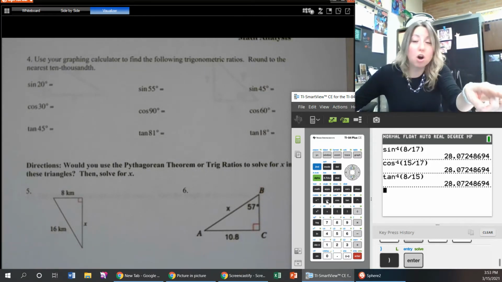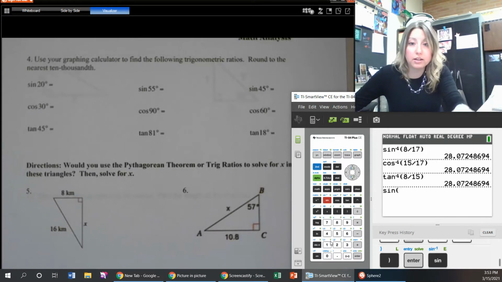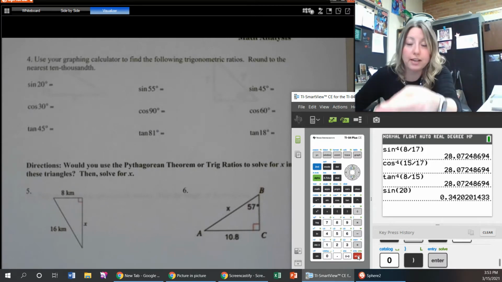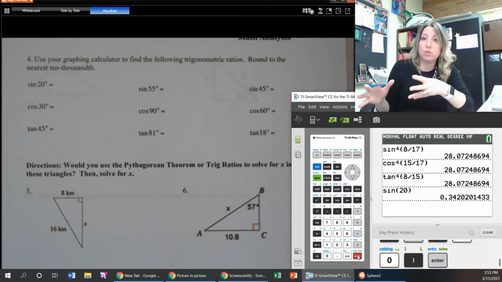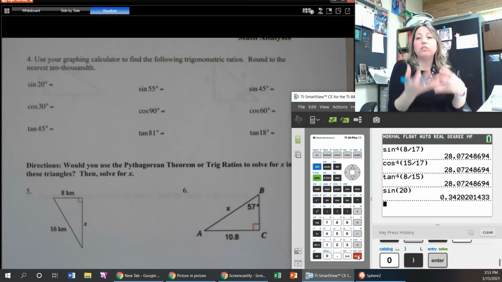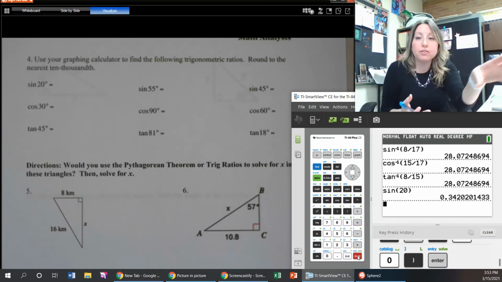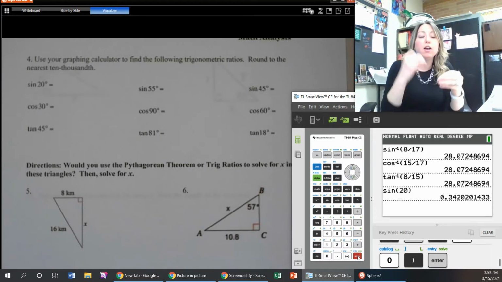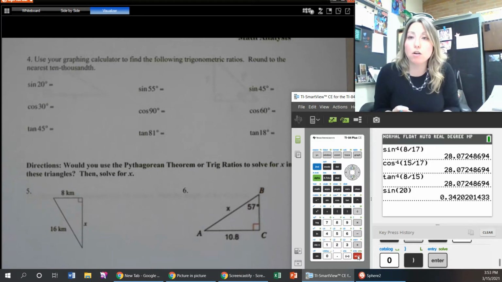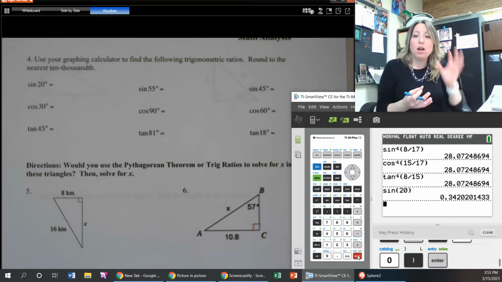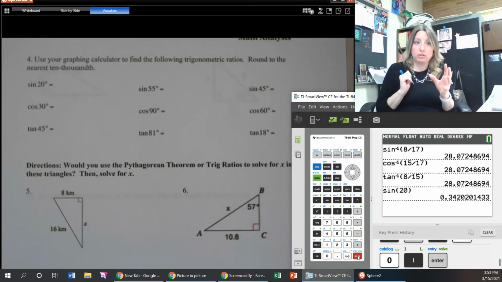But because we know the degree, you do sine and the angle measure, and then this, because we're in degree mode, spits out to us that ratio, that irrational, non-repeating, non-terminating decimal, that in ratio form with this function of sine at this angle is the proportion of the opposite side divided by the hypotenuse side. So if I knew that ratio and I divided it out, this is what I would get as a result.